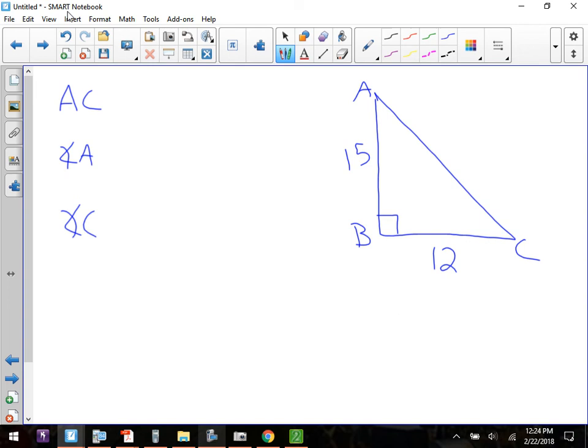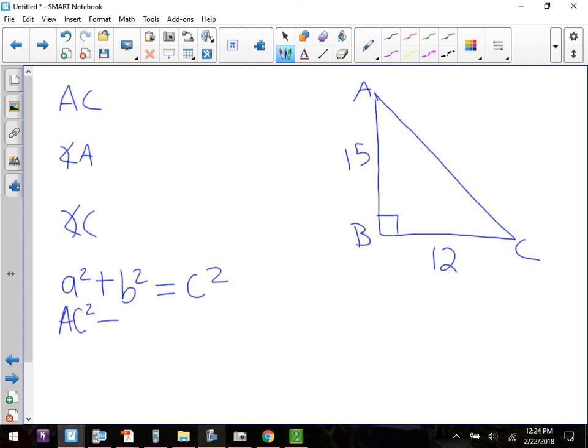So the first thing that we do, we need to find the hypotenuse. So we have to do the Pythagorean theorem: a squared plus b squared equals c squared. So we need to find AC.